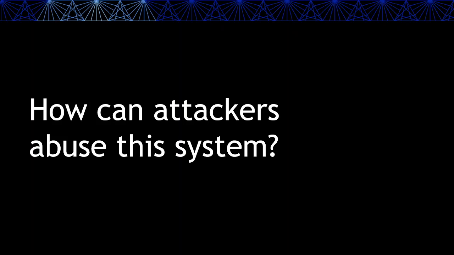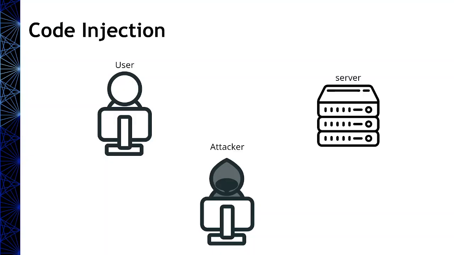Now, the question that we're interested in for today is, how can hackers, attackers, or adversaries, however you'd like to say it, abuse this system? Well, let us introduce a third party, the attacker. Suppose the attacker wants to attack the user in this case. What they can do is send a request to the server. It's like, hey, I have this data.